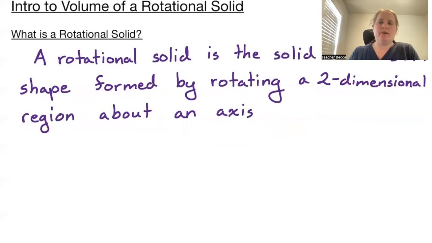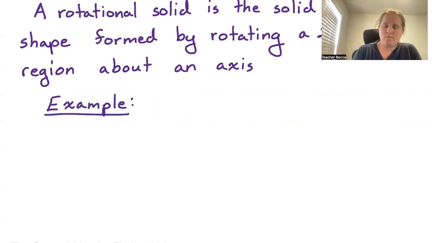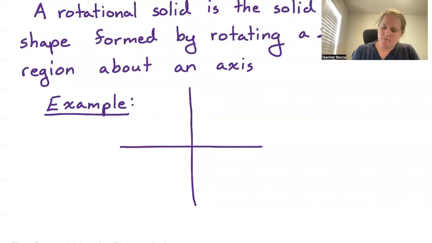So for an example, we could take, say, the upper half of a circle, right? So we could take the region, which is the unit circle, upper half of the unit circle.